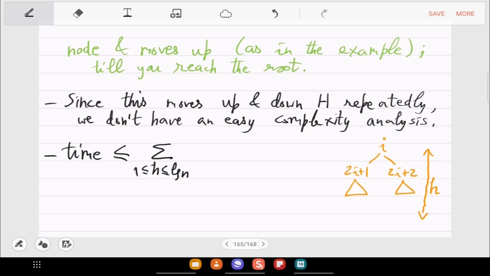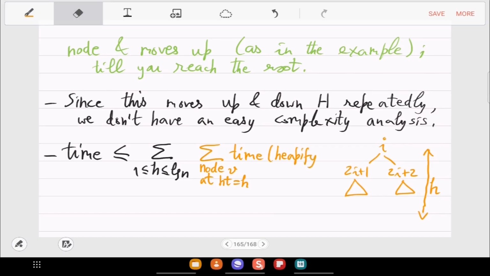Internal node V at height h does what? So there you are calling Heapify.